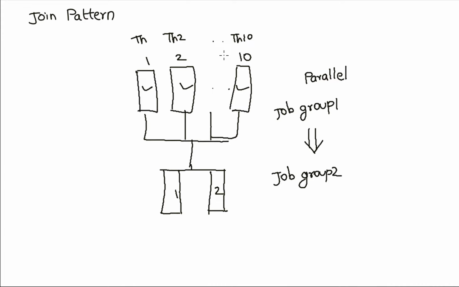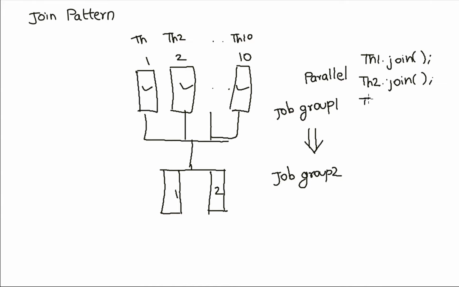So what we have to do is the join operation on all the threads. So thread 1 dot join will wait till thread 1 ends. Then thread 2 dot join will wait for thread 2 to end.